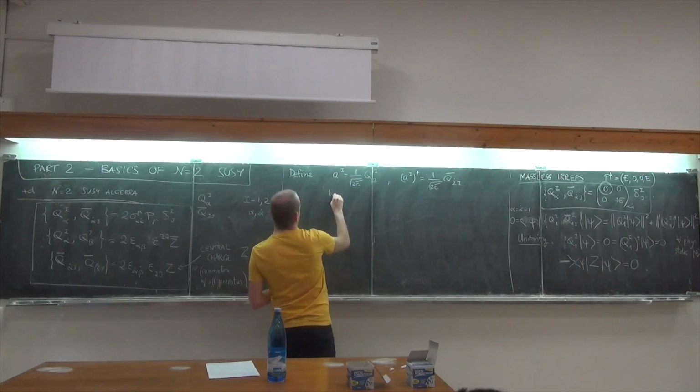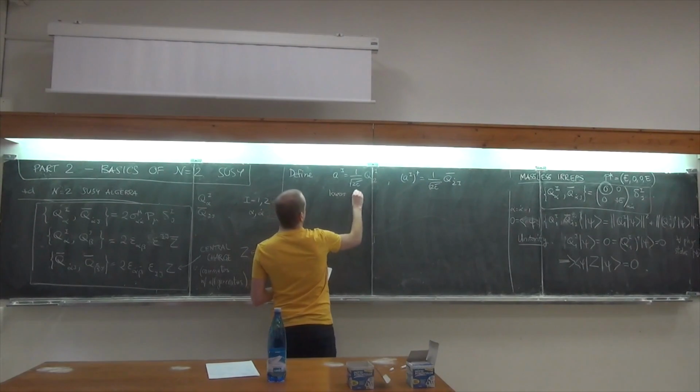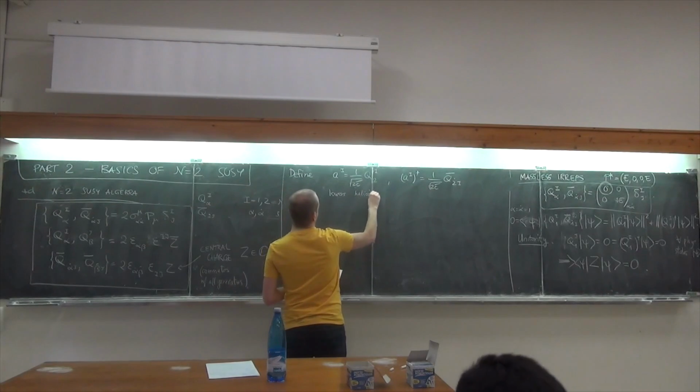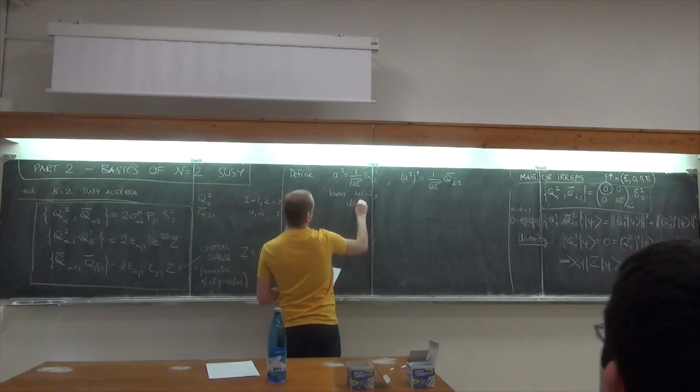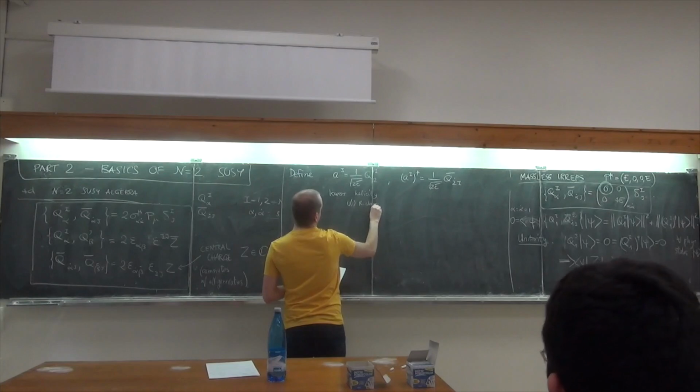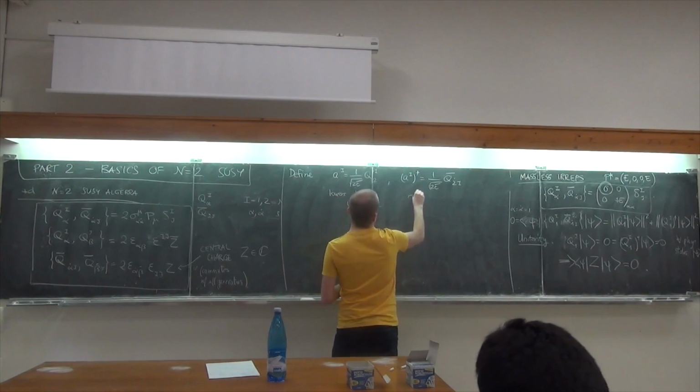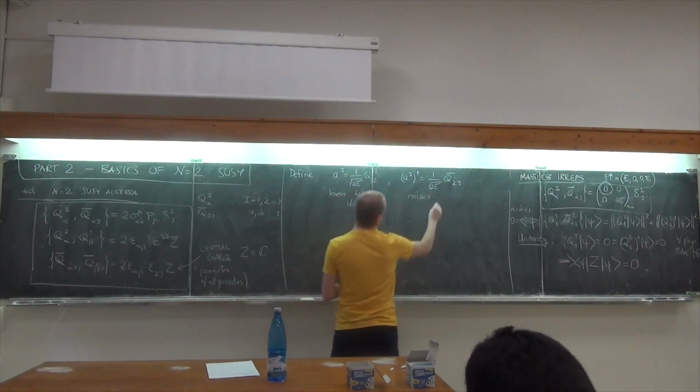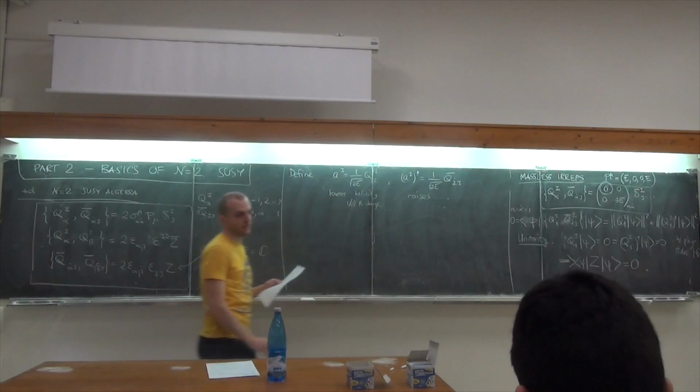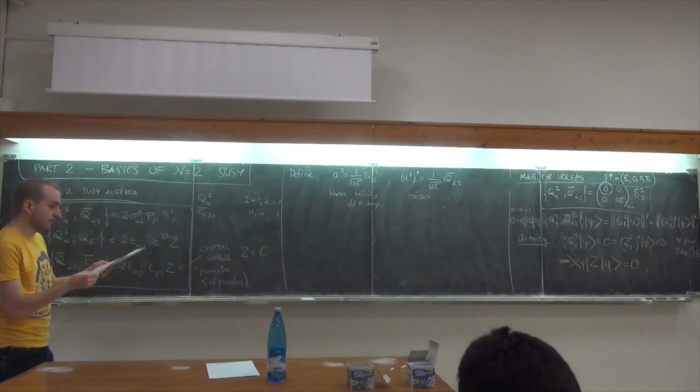Okay, so A i lowers helicity and is U(1) charged, and A i dagger raises helicity and is U(1) charged.